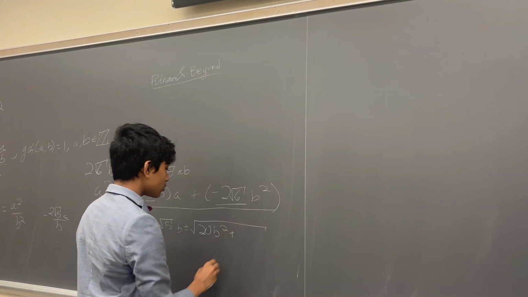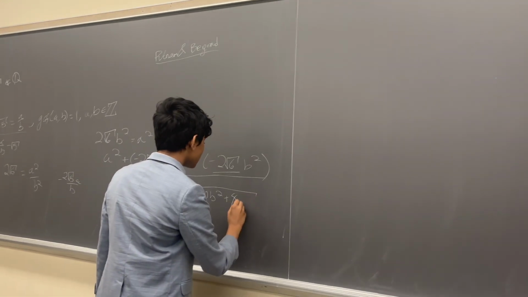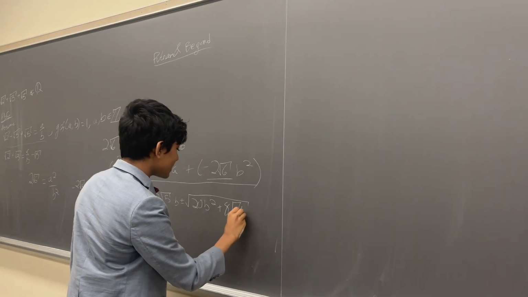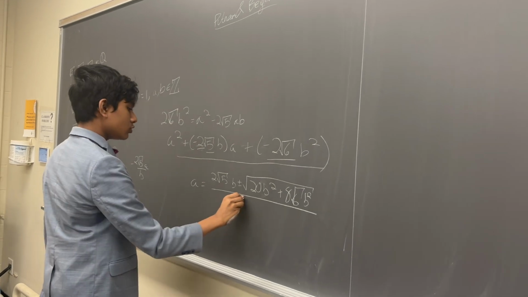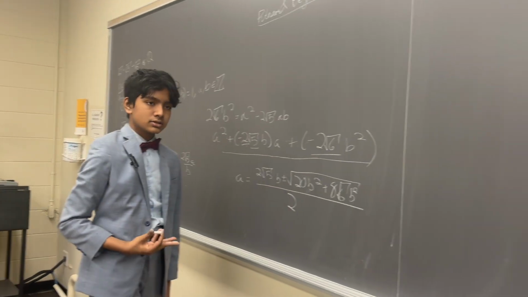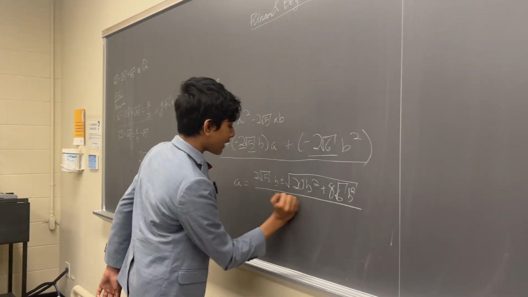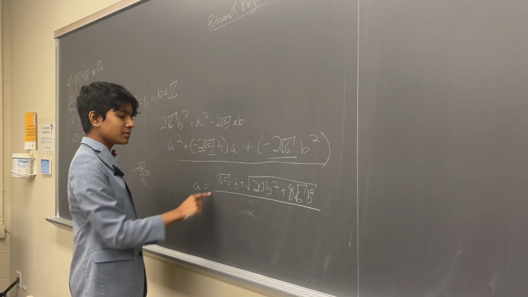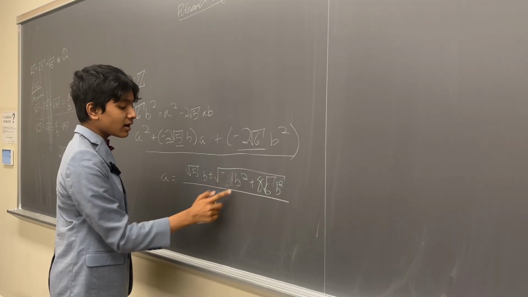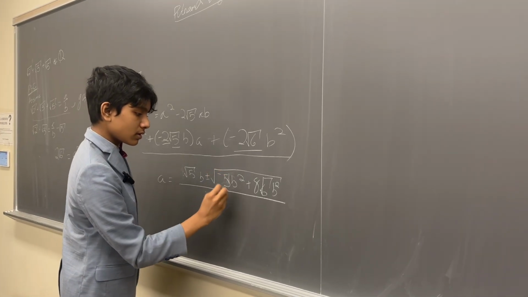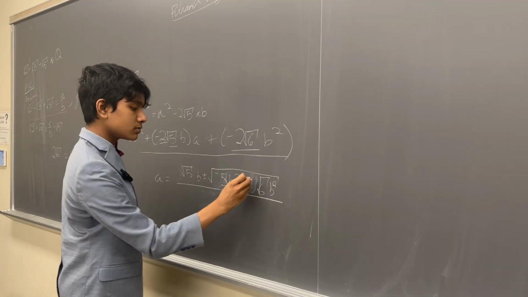So you actually get 20 b squared plus 8 rad 6 b squared, divided by 2. So now first you cancel out all the factors of 2 you see, and you can factor out 4 from here. This becomes 5, and this becomes 2.